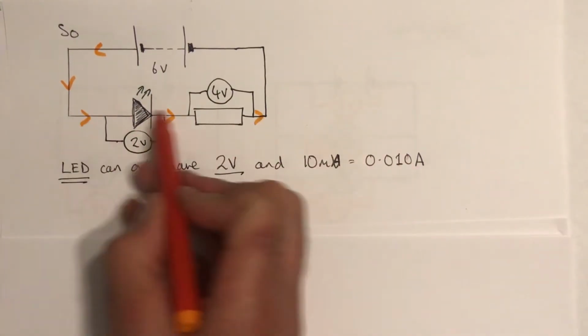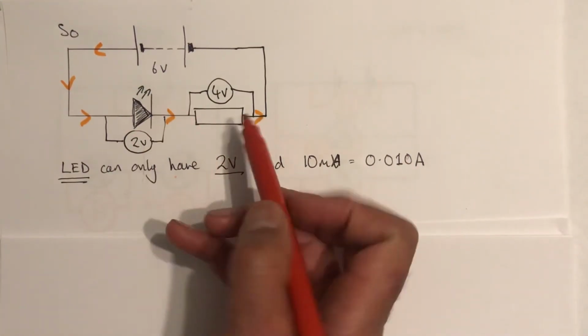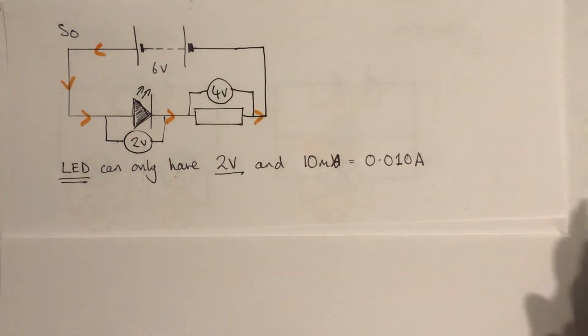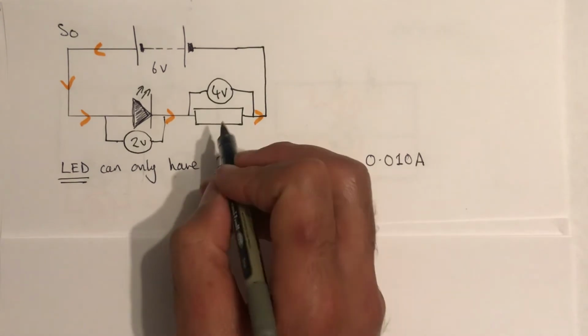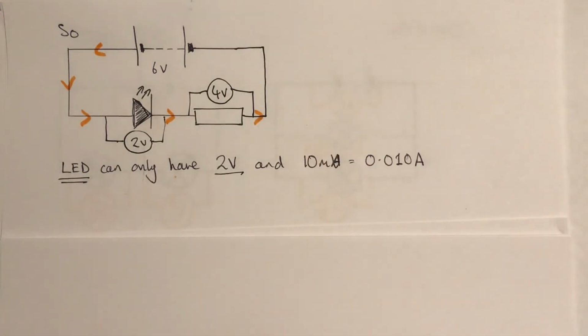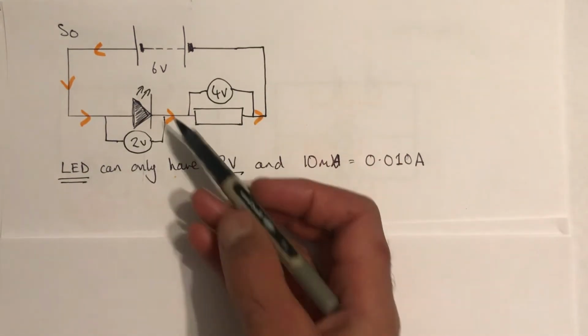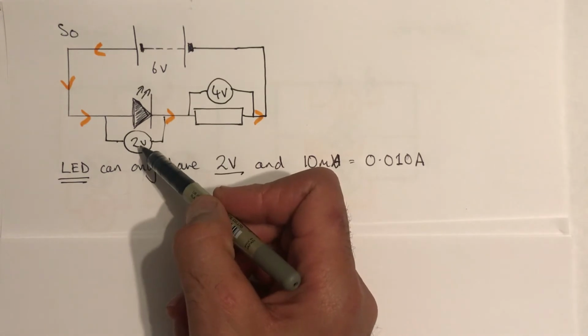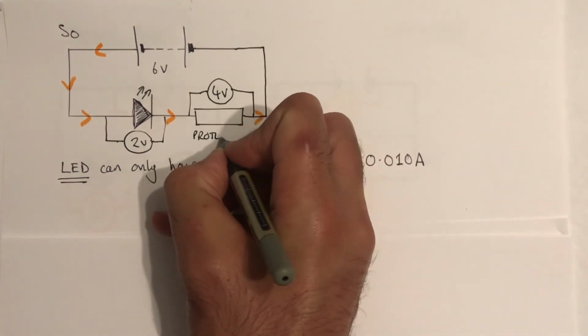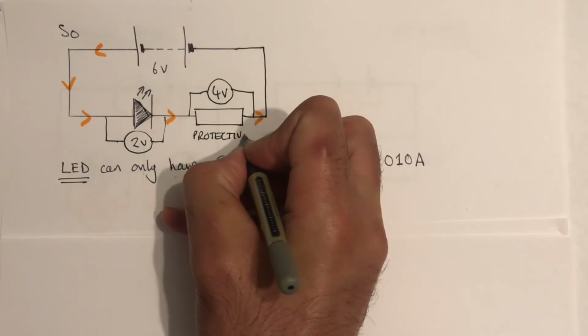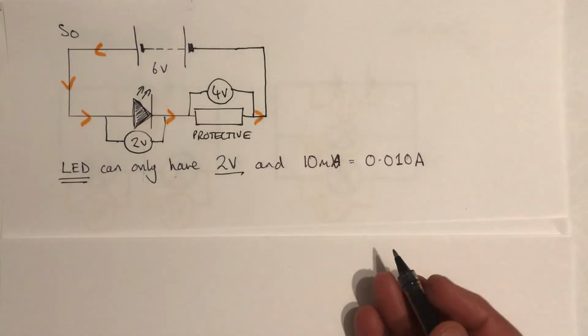So the current through my diode will be the same as the current through my resistor. Now this resistor is going to protect the LED from getting too much voltage and too much current. It can't handle the 6 volts. So this is a protective resistor. And all LEDs need a nice protective resistor to look after them.